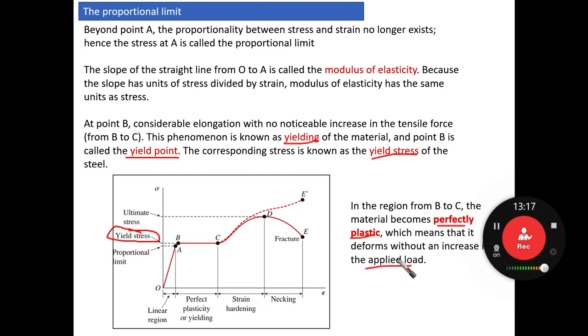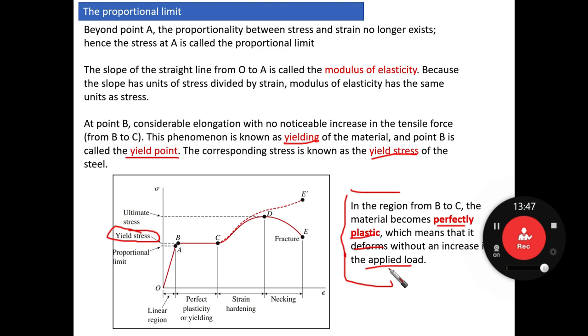So if I ask you what is the definition of the perfectly plastic region for mild steel, it is the stage where the material or the specimen deforms without an increase in the applied load.